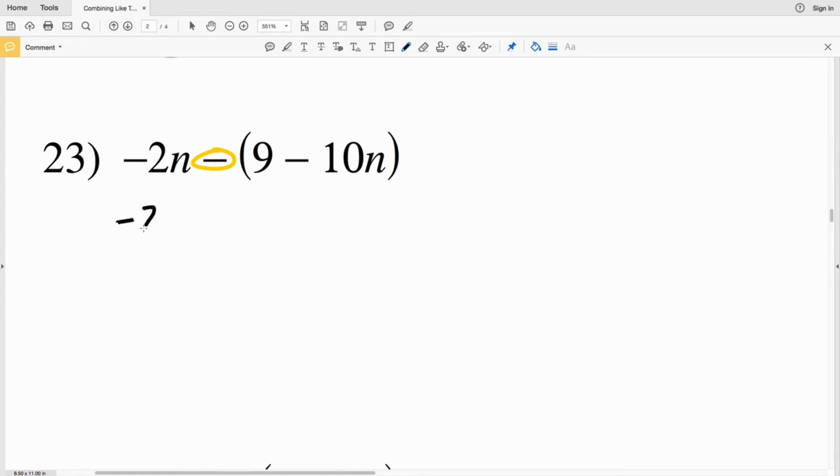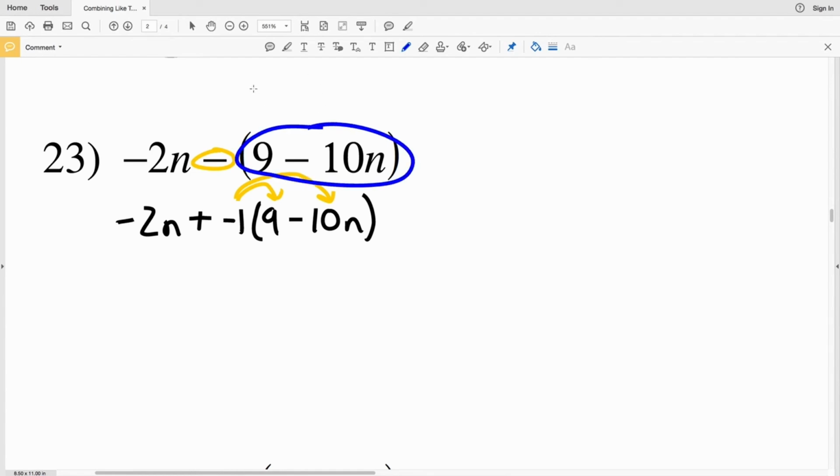This is going to be negative 2n, and instead of subtracting 9 minus 10n, we're going to add that 9 minus 10n, but since we changed this to addition, that's going to be plus negative 1 times 9 minus 10n. So now we're going to distribute this negative 1 to the 9 and to the 10n.